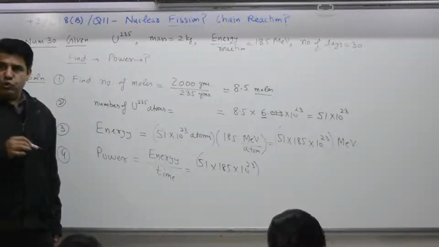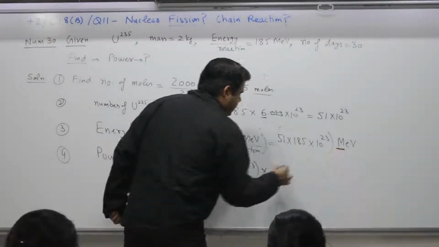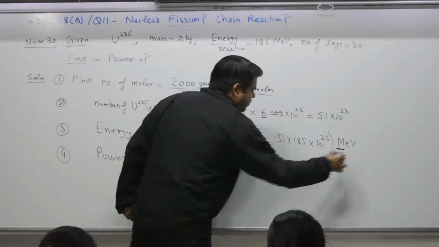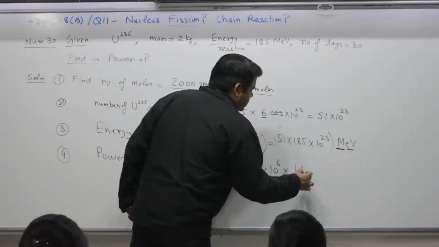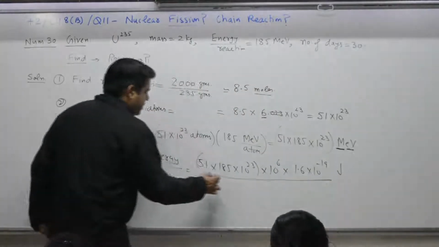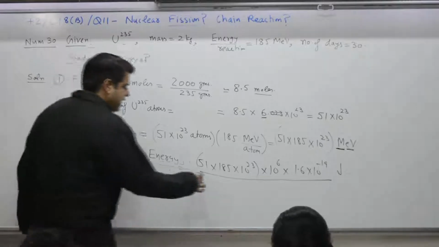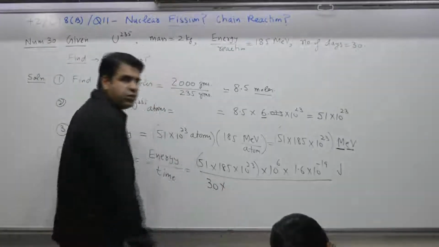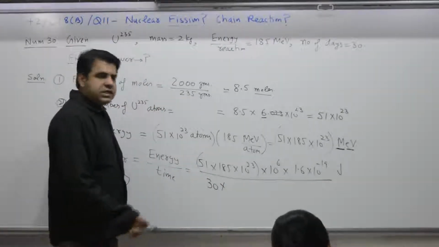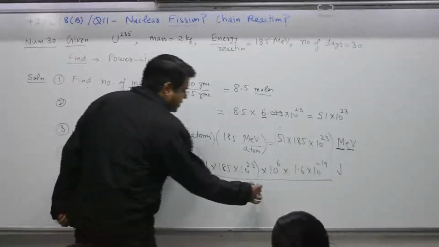I want to change it to joule. Mega means 10 raised to power 6. Electron volt means 1.6 into 10 raised to power minus 19 joule, divided by 30 days. Change it to hours, 24 hours. Change it to minutes, 60 minutes.